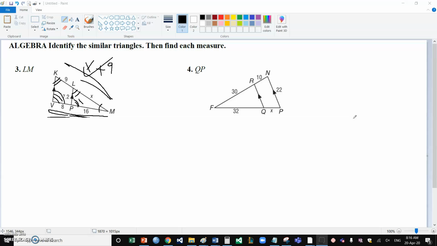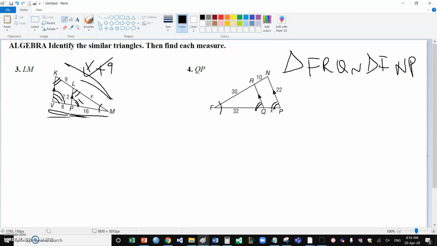Now we need to identify the similar triangles. This angle is common, and these two are corresponding angles because of the parallel lines. So definitely FRQ is similar to FNP.